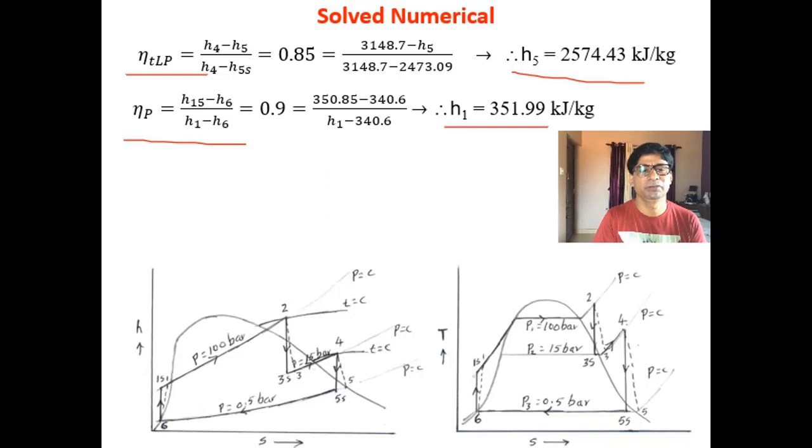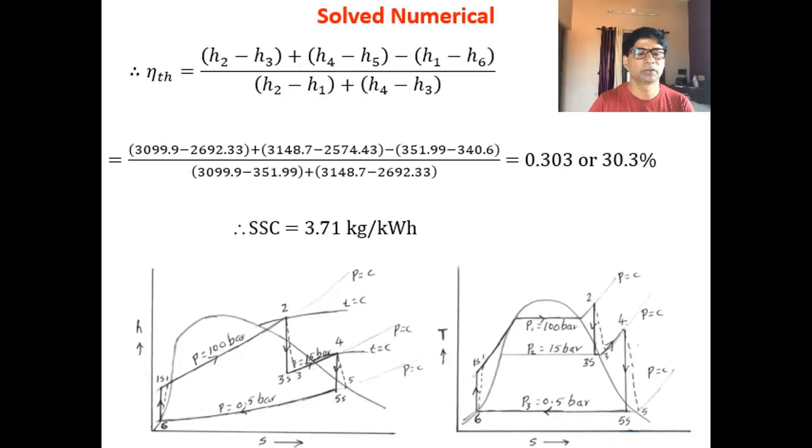So very easy. You see the procedure till there is the same as the previous. Only thing is, to find out H3, H5 and H1, you have to use the efficiency formulas. So once you have calculated H3, H5 and H1, now your job is to calculate the efficiency. Now the HP turbine work becomes H2 minus H3, LP turbine work becomes H4 minus H5.